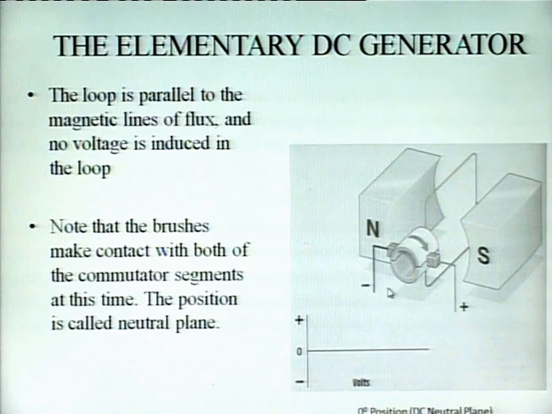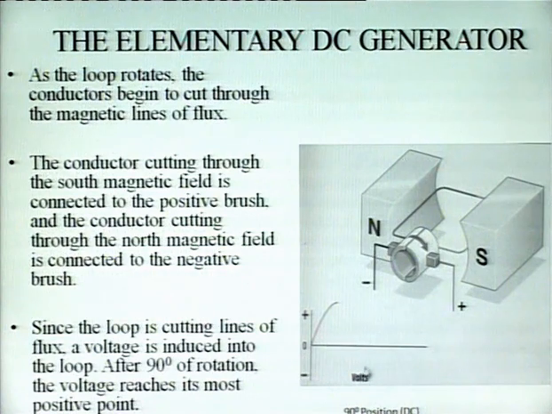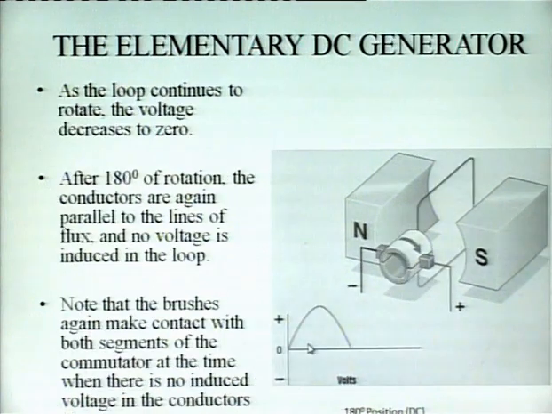So at 0 degree the EMF induced is 0, at 90 degree EMF induced is maximum, at 180 degree EMF induced will be 0. That is, from 0 degree to 90 degree flux cutting increases, EMF is increasing. 90 to 180 degree flux cutting decreasing, EMF induced decreasing.